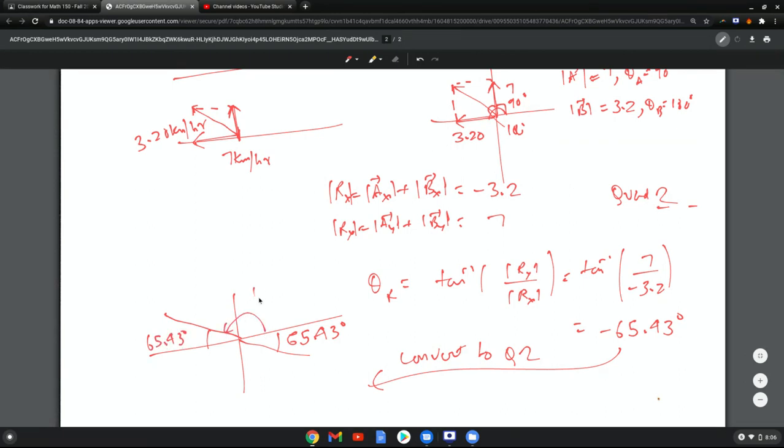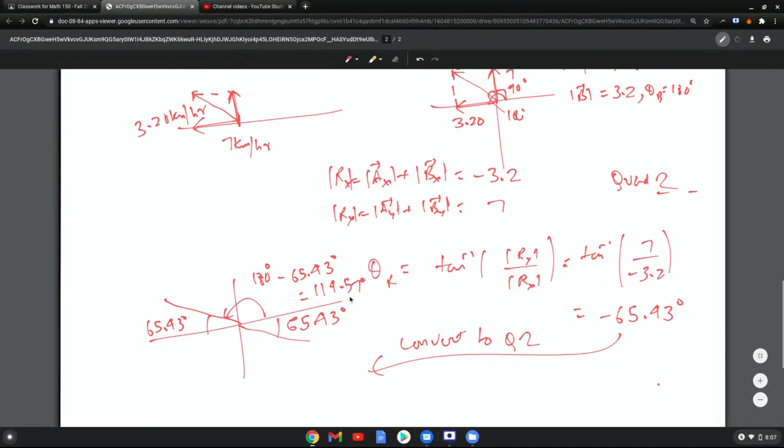Then we can find this. The required angle is 180 minus 65.43, which is 114.57 degrees.